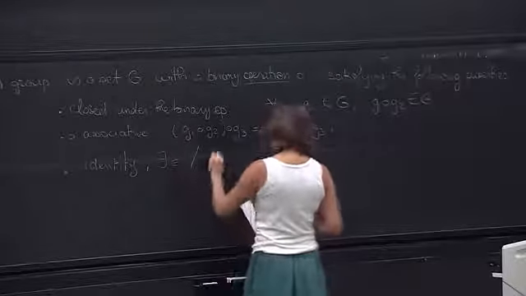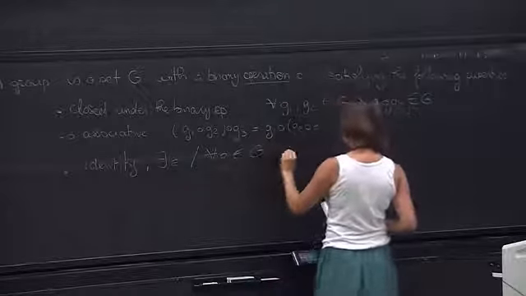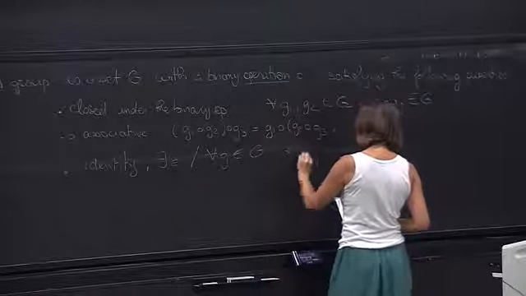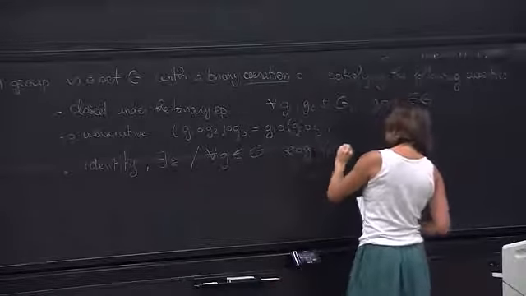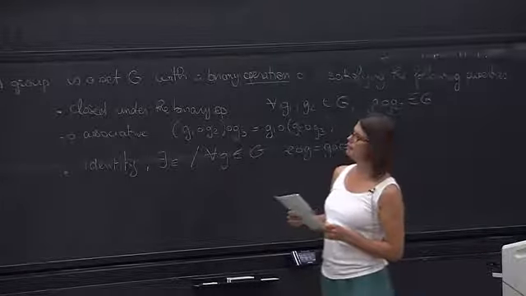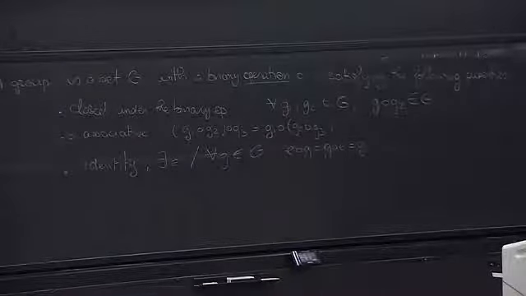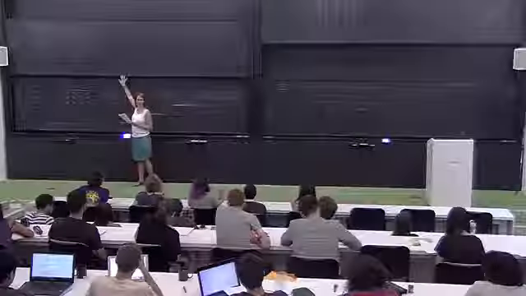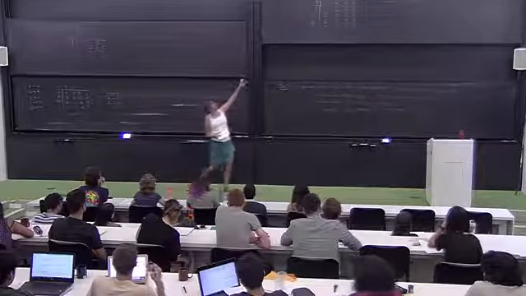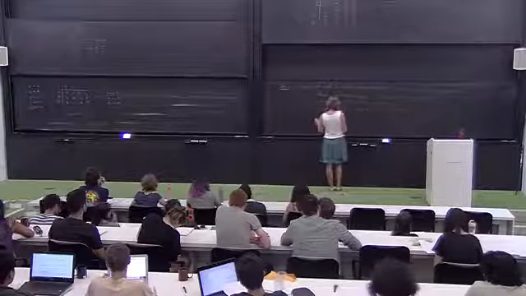That for any g in G, you have that g with e equals e with g equals g. So what is my identity element here? 0. And here, of course, for the multiplication, it's 1. So this is quite trivial here.